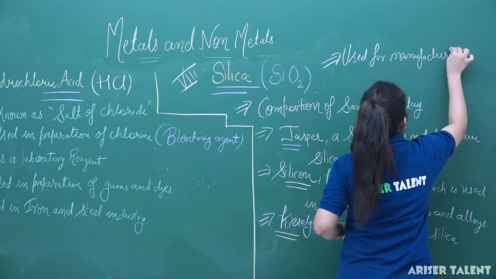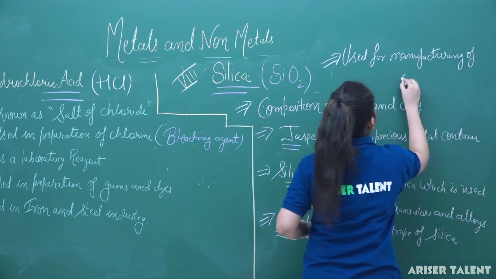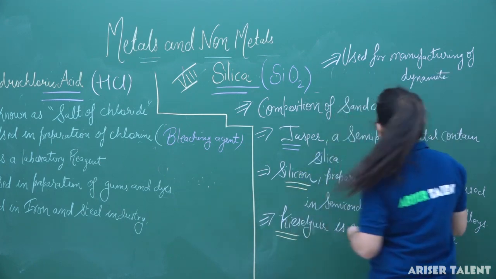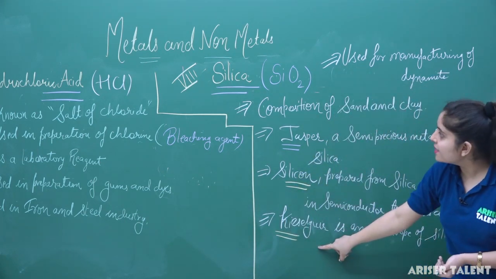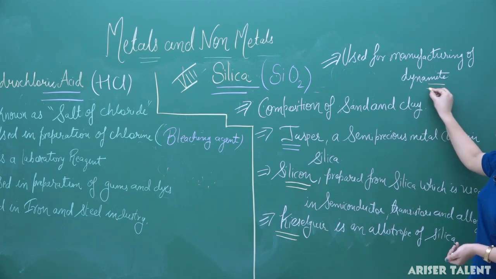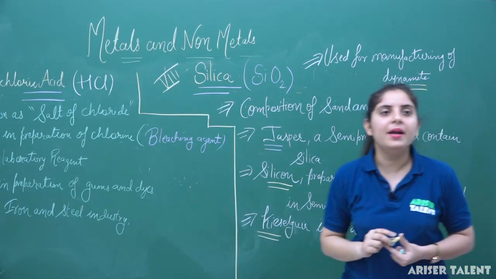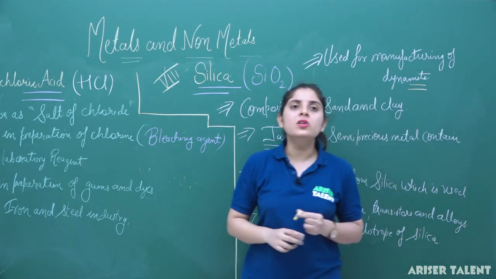It means this Kieselguhr has an application involving dynamite. So it is used for the preparation of dynamite that is used in industries.